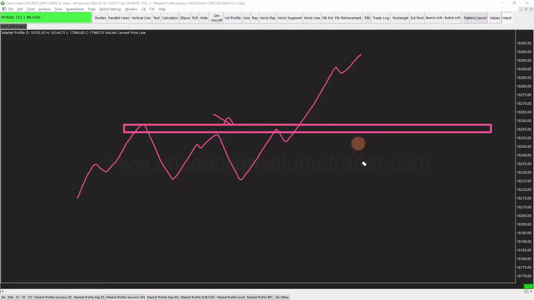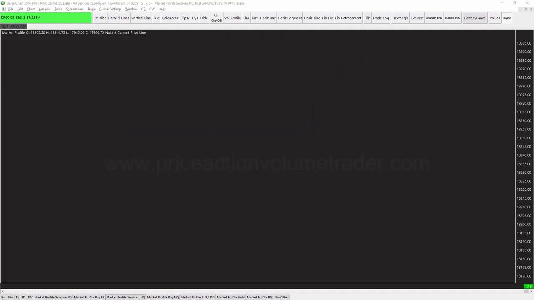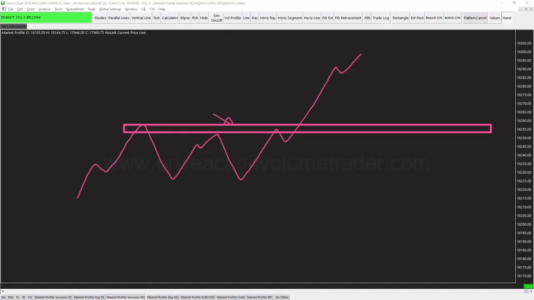So what I'm looking for when we have scenarios like this, let me select another color. If I select right here, we can mark off this level.